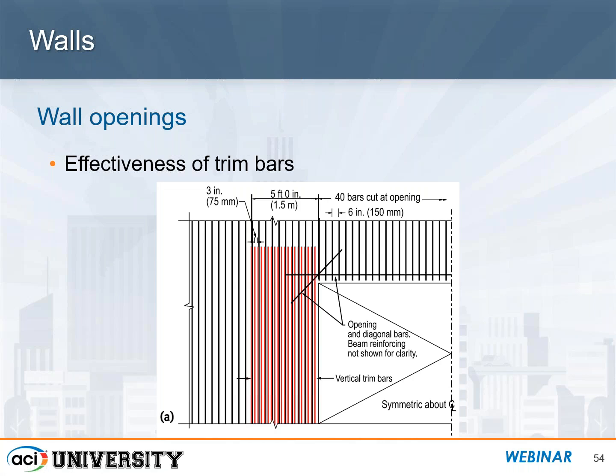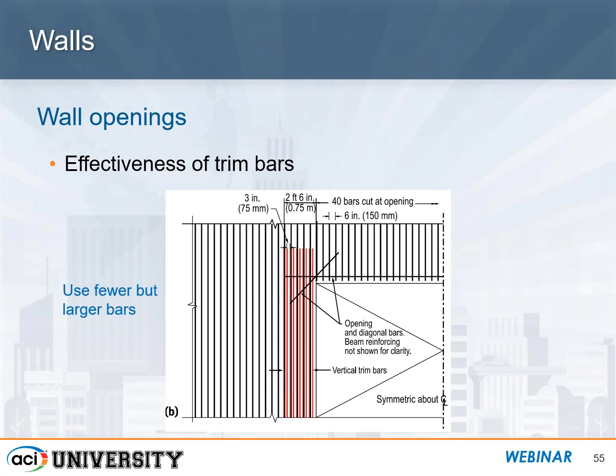So what we would recommend in this case is, instead of using the same bar size that gets cut, just use some bigger bars. ACI 318 doesn't say you can't do that. All it says is as long as you provide enough steel, they don't care how many bars you provide on either side. And it makes a lot more sense in this case than having quite a number of trim bars when you cut a lot of vertical bars in the wall.